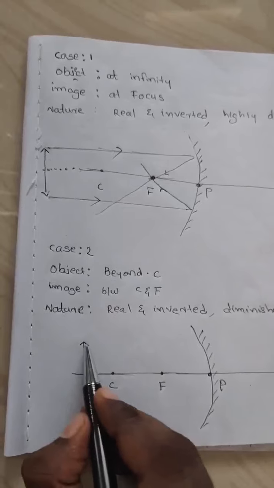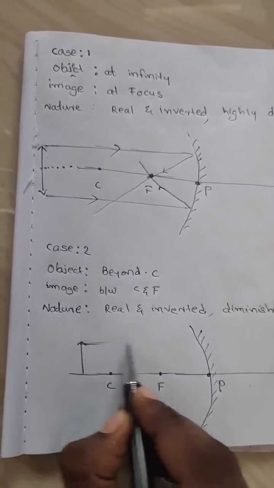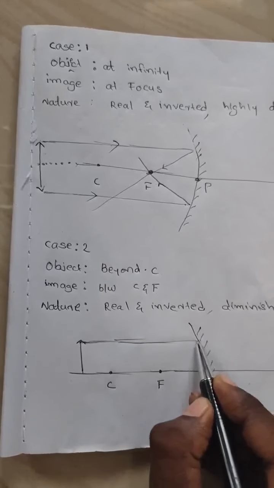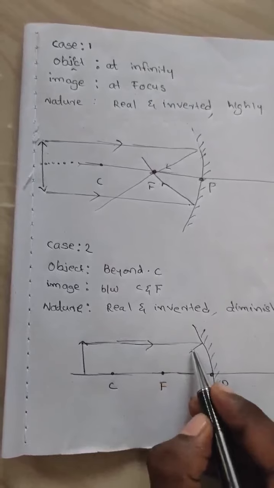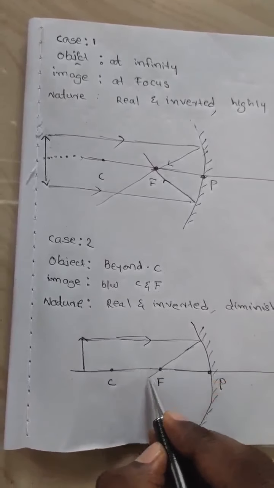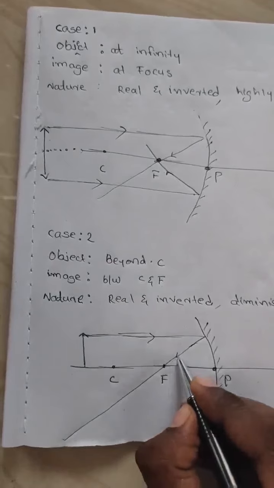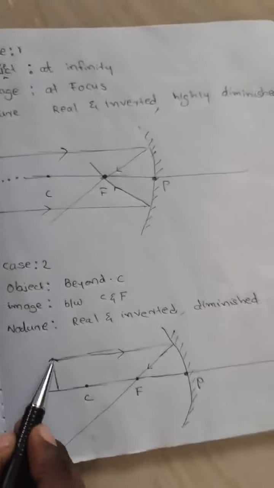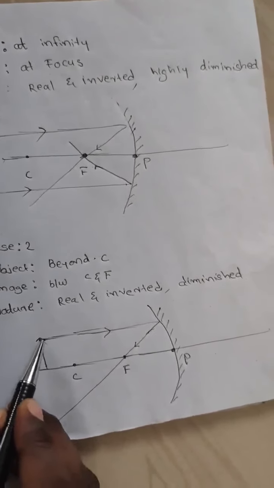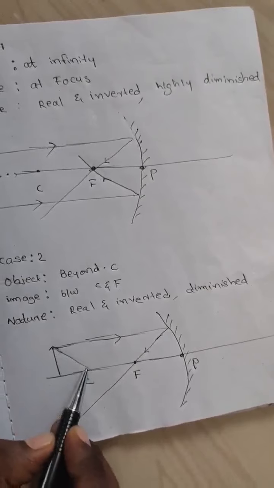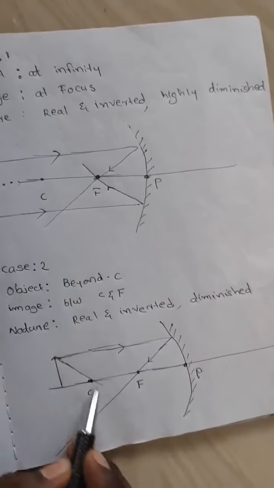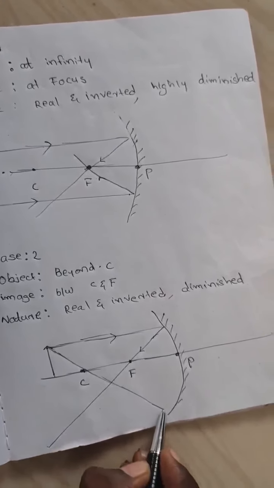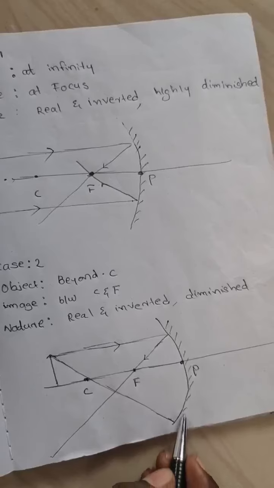First ray moving parallel to the principal axis. We know that a ray moving parallel to the principal axis after reflection will move through the focus. Okay, now I am using another ray. We know that a ray moving through the center of curvature must strike the mirror, that's why I extend this mirror.